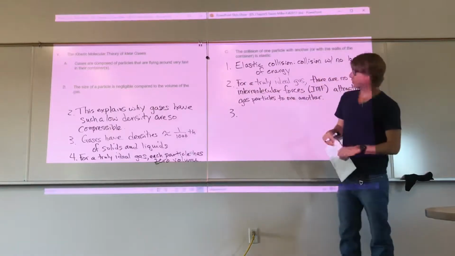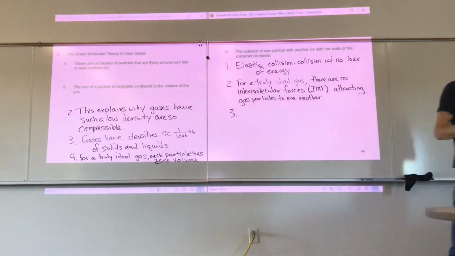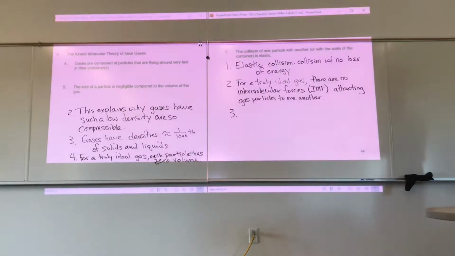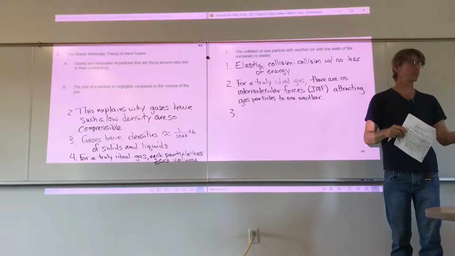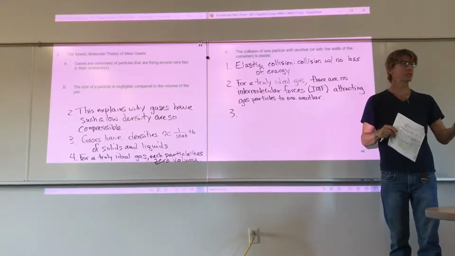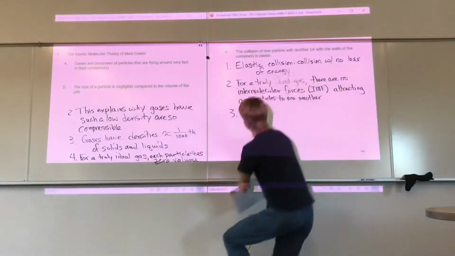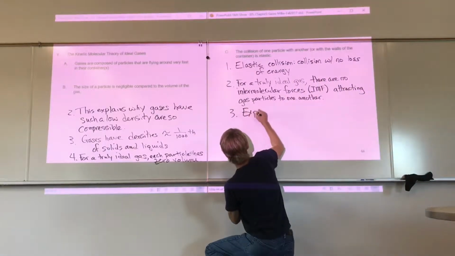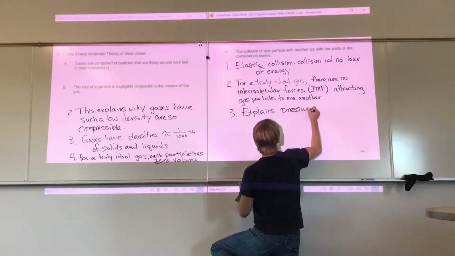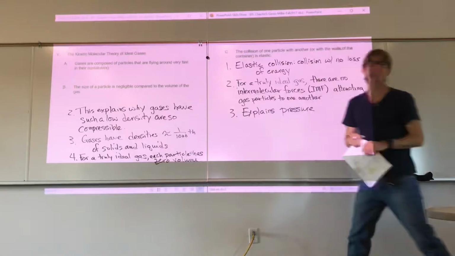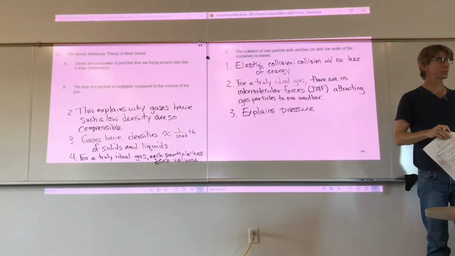This is kinetic molecular theory, and each of the A, B, and C parts of it explain something about gases. This explains why gases exert pressure due to the collisions of the gas particles with the walls of the container. So what I'm going to write explains pressure of a gas due to gas particle collisions with walls of container.